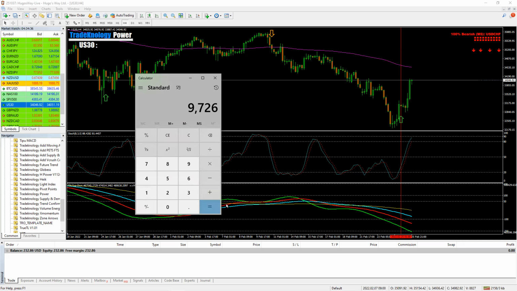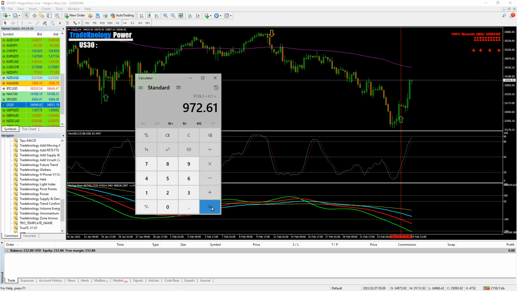At the low end, at a micro lot, 9,726 times 0.10, that's $972.